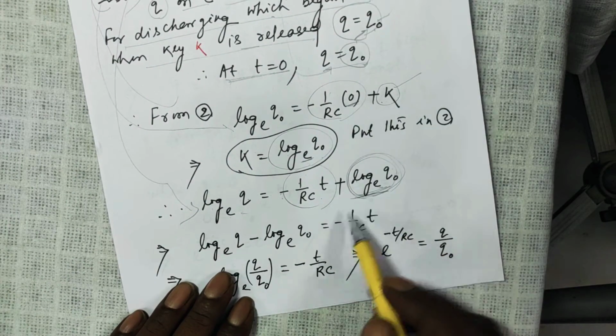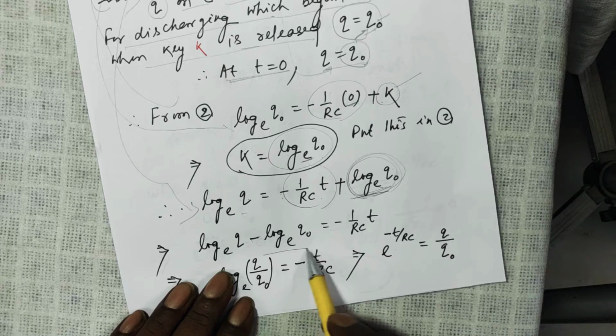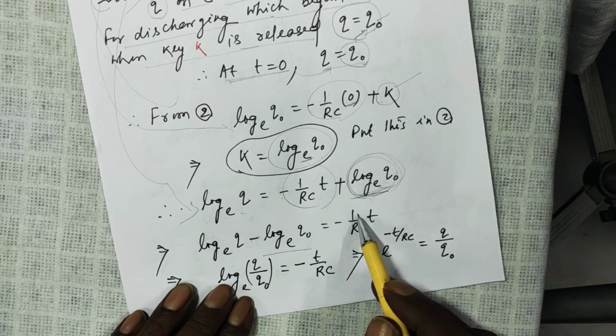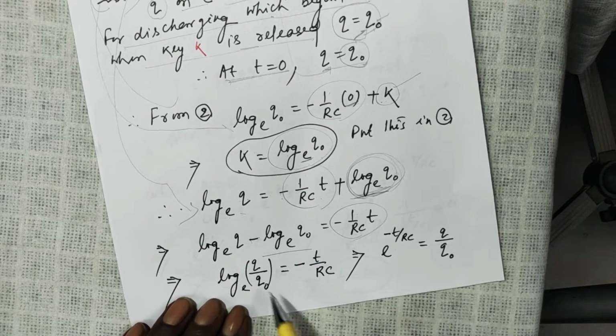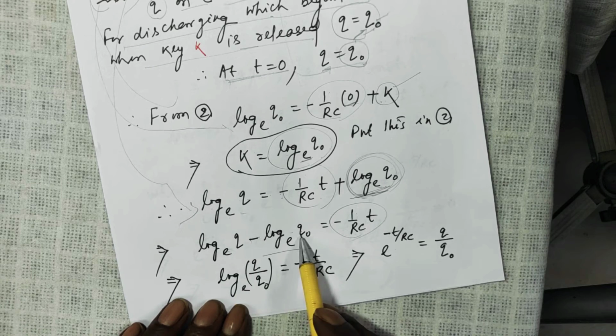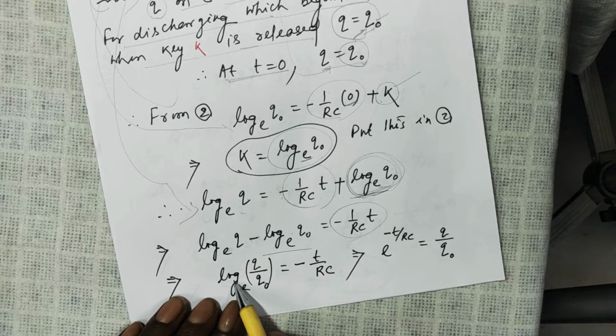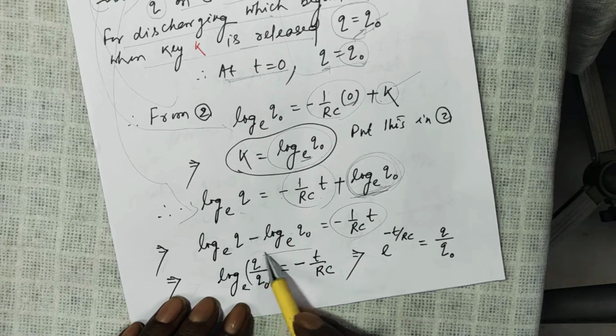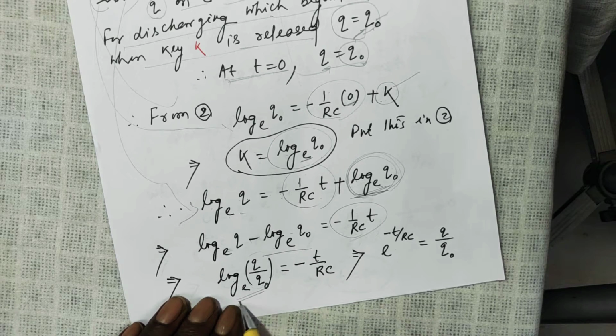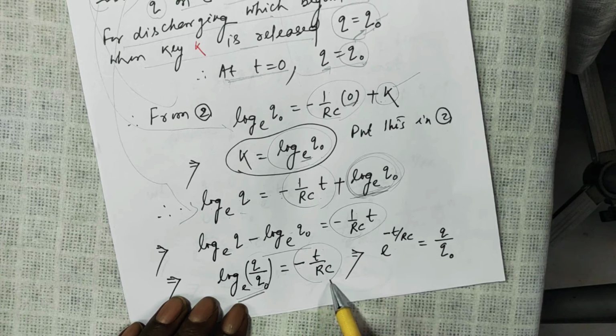Let us bring this term to the left hand side, so it is subtracted. On this side, I'm left with minus 1 by RC into t. Subtraction of two logs, according to the formulas in logarithm, is equal to log of Q over Q naught. This is a simple formula in log. Just look for your class 10th mathematics. Minus t over RC.